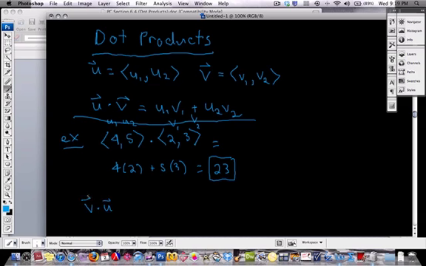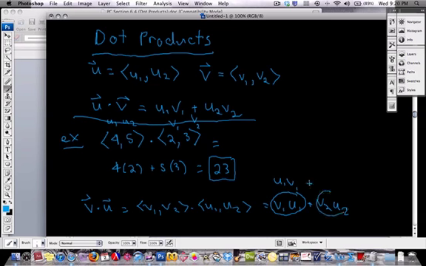Let's just prove this very quickly. v dot u would be v1, v2 dot u1, u2, which would be v1 u1 plus v2 u2. Since regular multiplication is commutative, v1 u1 is the same as u1 v1, and v2 u2 is the same as u2 v2.